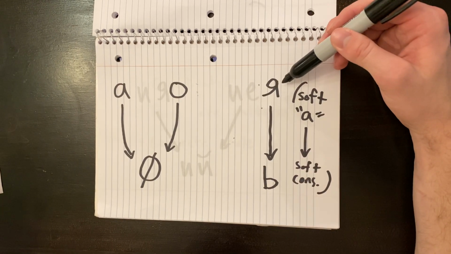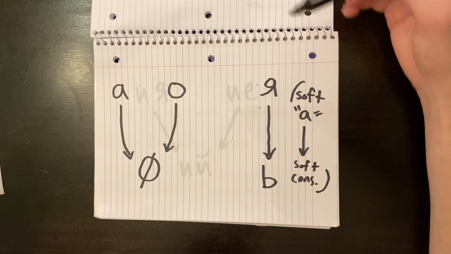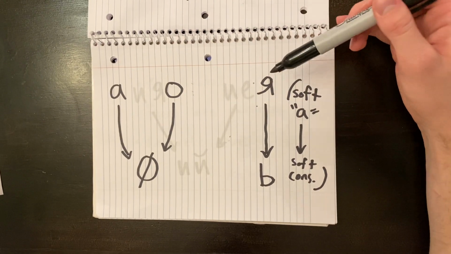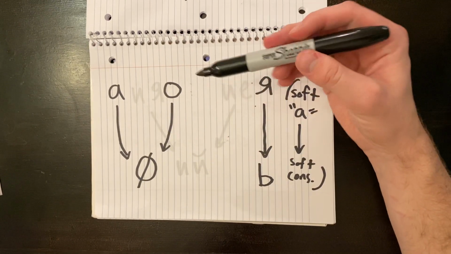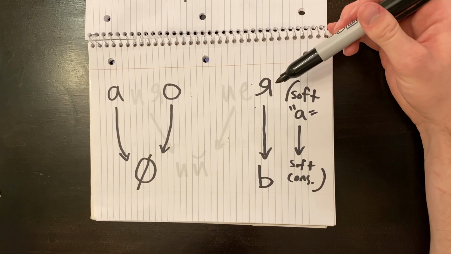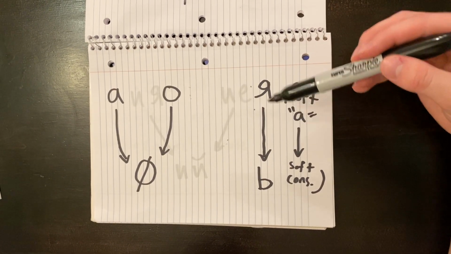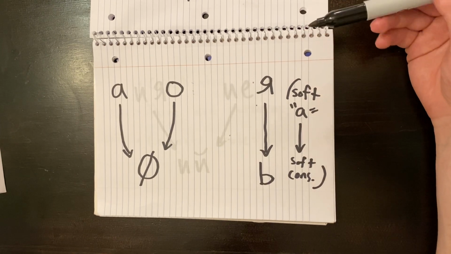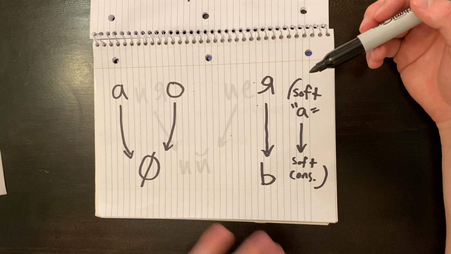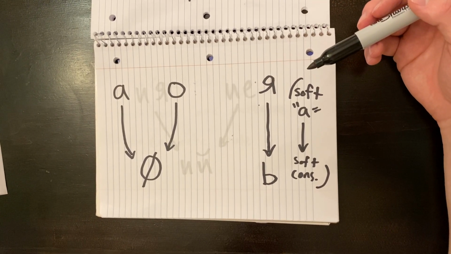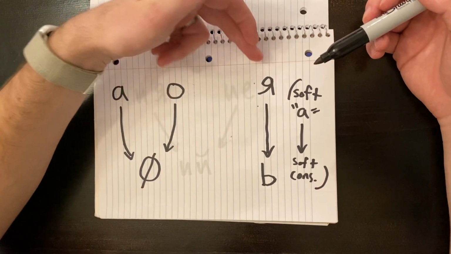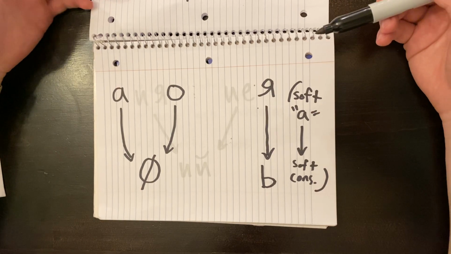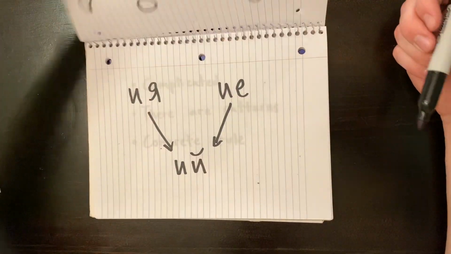Now, ya is obviously a soft version of a, and so if you have a feminine noun that ends in ya, the same rule applies, but that softness remains, which again is something that you can look at the pattern here and it'll help you remember the rule. Even though it looks different when it's written, you just need to remember that the softness will carry over, but that hard a is dropped in the genitive plural.